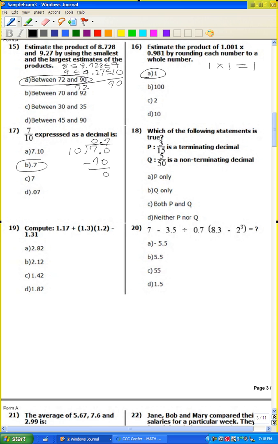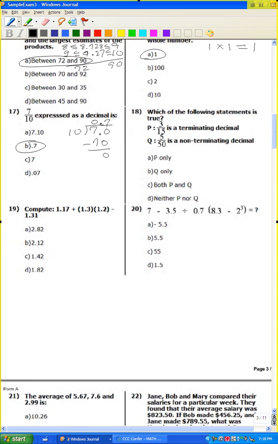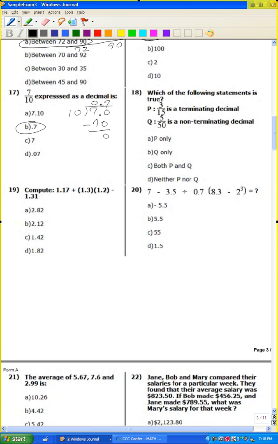Let me do problem 18. Which of the following statements is true? 3 over 15 is terminating. Well, 3 over 15. Divide both 3 and 15 by 3. So this is 1 over 5, which is equal to 0.2.